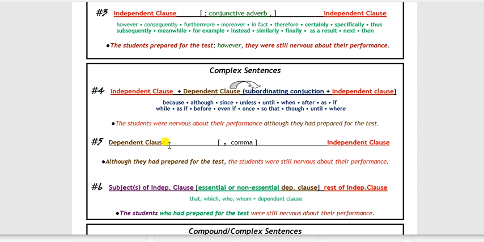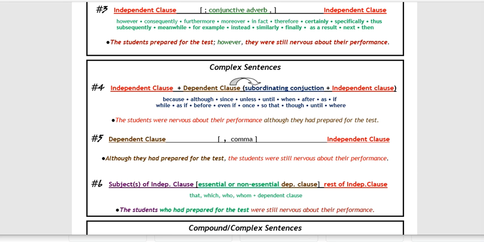You put the dependent clause first, and then, yes, you need a comma if you put that one first, and then follow it by an independent clause. Although they had prepared for the test, comma, the students were still nervous about their performance. Dependent clause, starting with a subordinating conjunction, although, comma, independent clause.